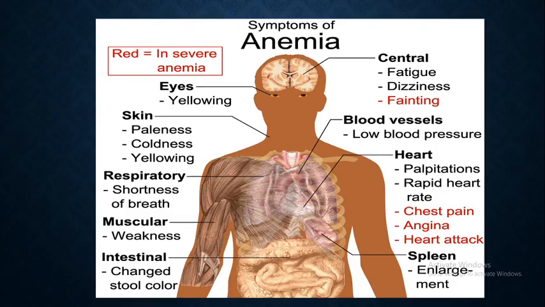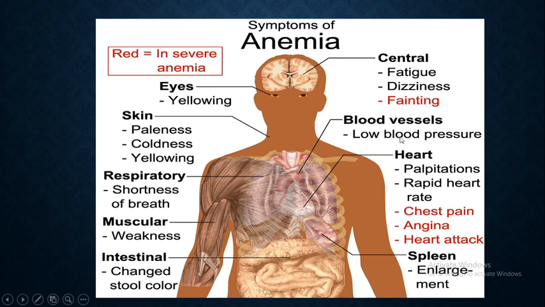Right, then we have to pay attention to anemia. So what are the symptoms of anemia? Central nervous system symptoms are fatigue, dizziness, and fainting. Here the red color symptoms occur in severe anemia. So in severe anemia, fainting occurs.